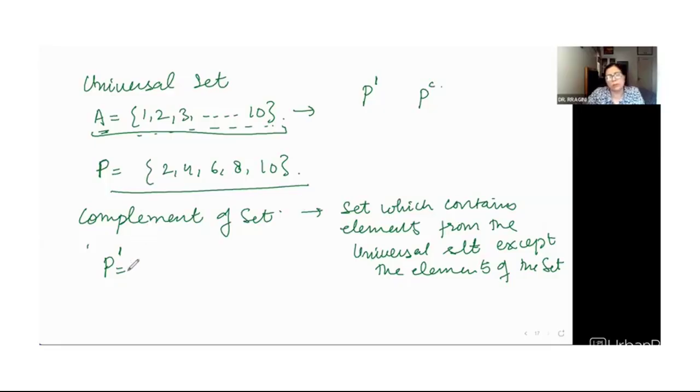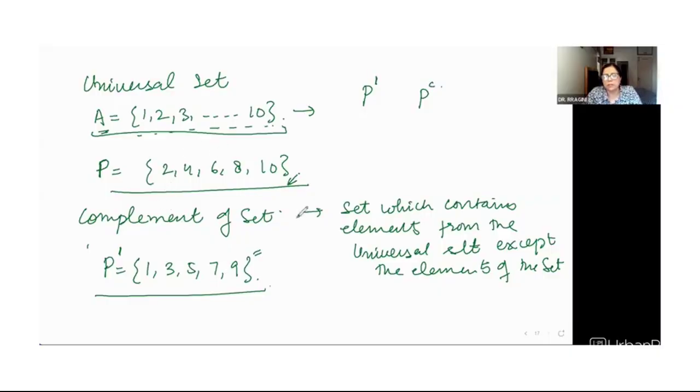So when we talk about the complement, that means the elements which are in universal set, except these ones. These are even numbers, 2, 4, 6, 8, 10. So 1, 3, 5, 7, 9. These are the elements which are the complement of P. Complement means those are the elements which are present in the parent set or universal set, but they are not in P.